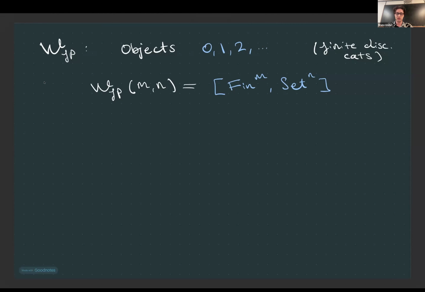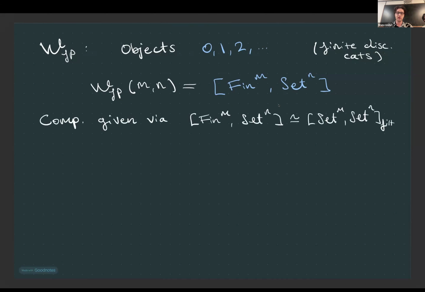Okay, at first sight, it's not obvious how to make this into a bicategory. I don't know how to compose something from M to N with something from N to whatever. The way to sort out the composition is to use the fact that functors from finite sets to the M is equivalent to functors from set to the M to set to the N, with the requirement that they preserve filtered colimits.